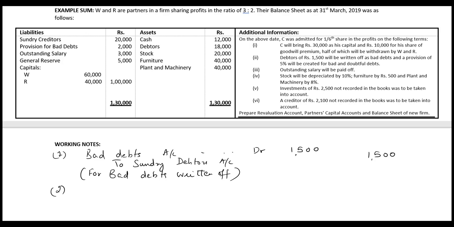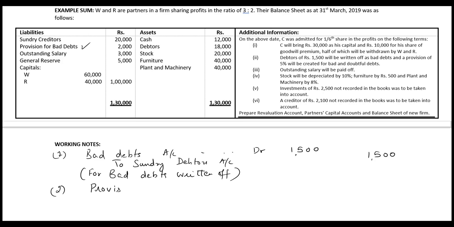The second journal entry is to provide for the bad debts. Now if we see our liability side of the balance sheet, there's a provision for bad debts figure which is given as 2,000 rupees. So we can utilize that for the bad debts.